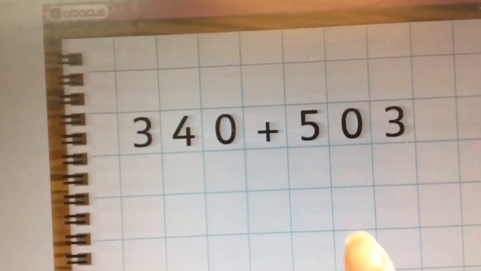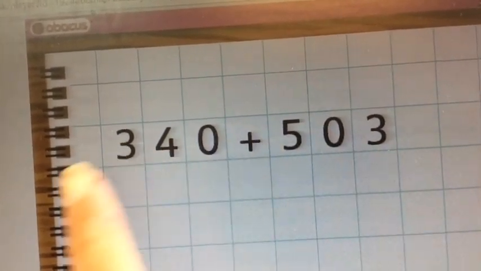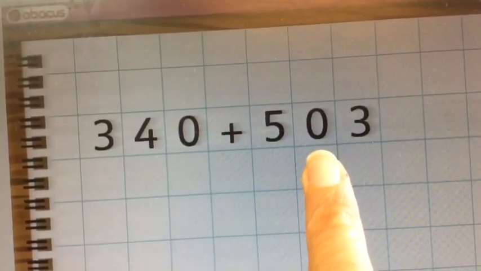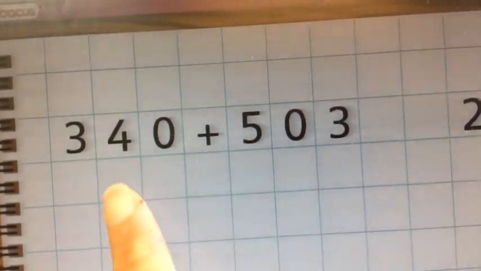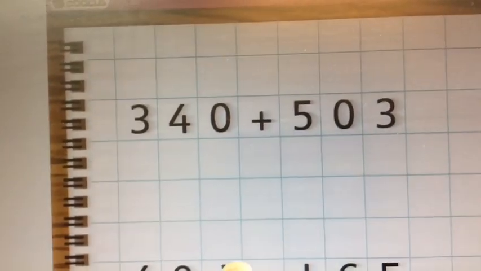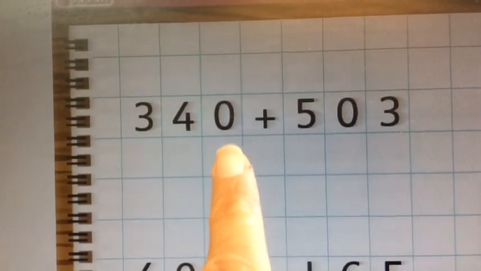You could have done 503, add the 300 is 803, add the 40, 843. That one's easy because one of the numbers ends in a 0.